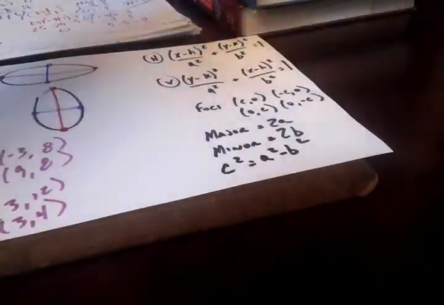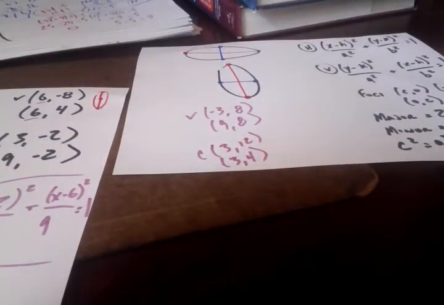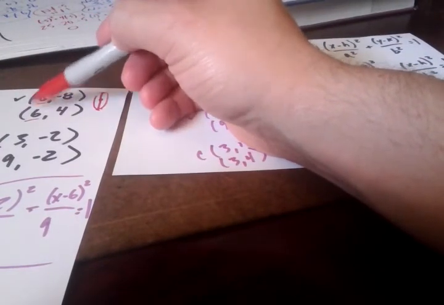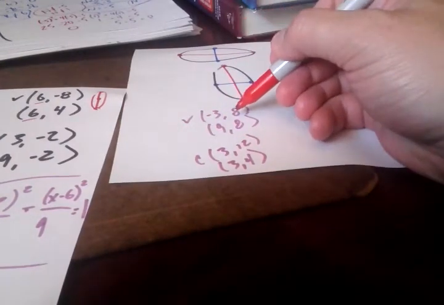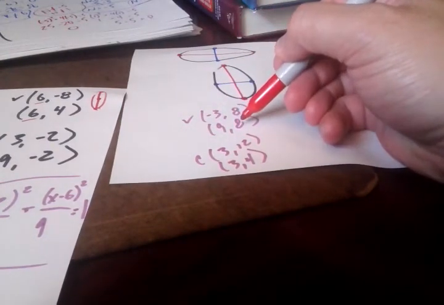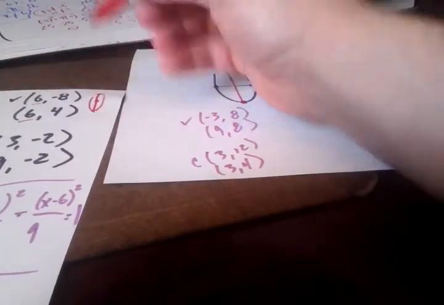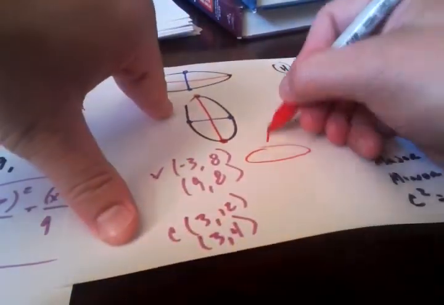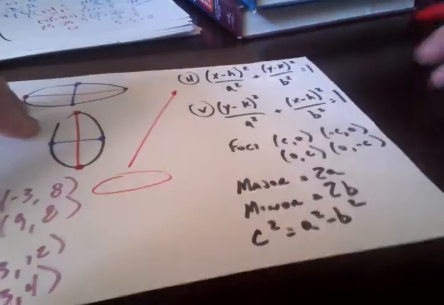So let's come back to our first problem here. The first one we did, I'm just going to look at the vertices here. 6 and 6, the x's were the same. Let's look at the vertices here. See how the y's are the same? If the x's are the same, it was a vertical ellipse. If the y's are the same, it will be a horizontal ellipse, which means you'll use this formula up here.